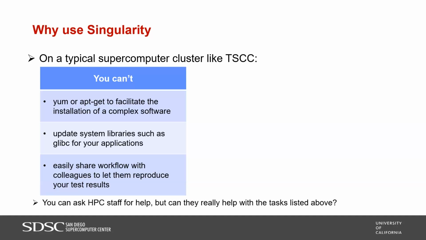Of course, you can ask HPC support staff for help, asking them to install something with yum or update some system libraries. But usually, from the user support point of view, we cannot simply update or install those softwares into a system path, because that might change the fundamental software stack and affect other software that has been installed.